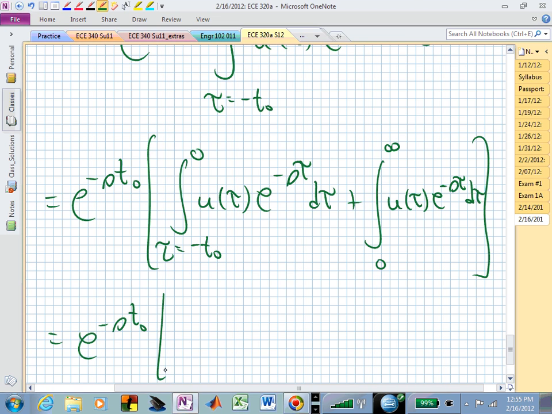I've simply split my integral into two pieces. The reasoning for that is to make my life easier. I don't want to think too hard.